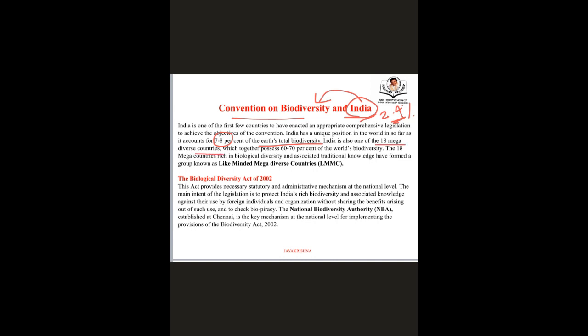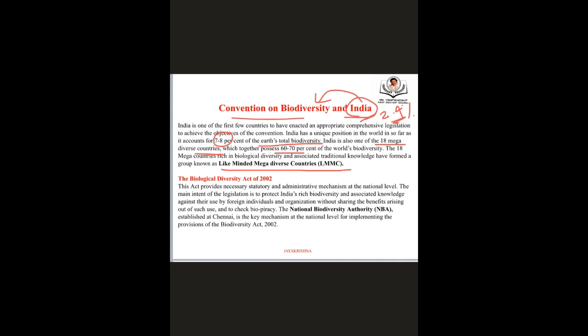There are altogether 18 such mega diverse countries, and India is one of them. These 18 mega diverse countries account for 60 to 70% of the world's biodiversity. The group of these 18 countries is called the Like-Minded Mega Diverse Countries, or LMMCs.